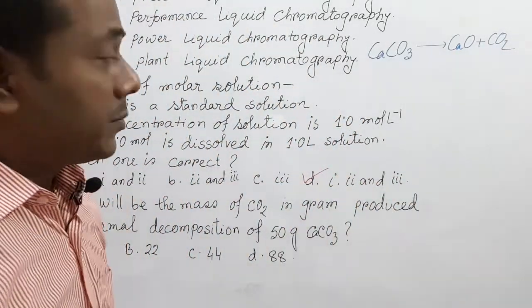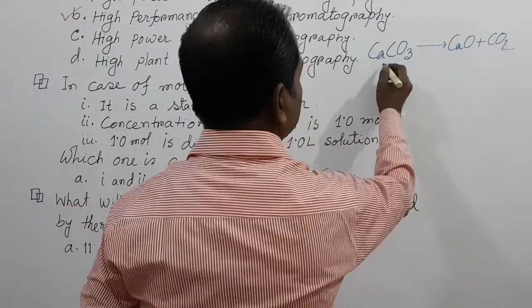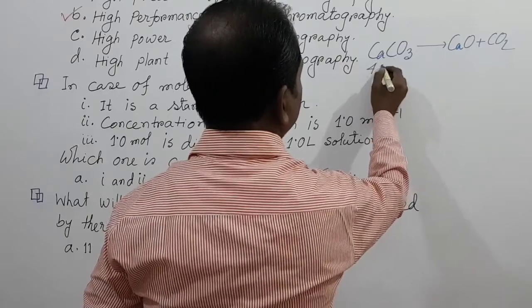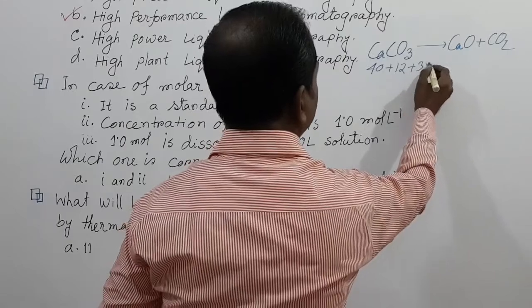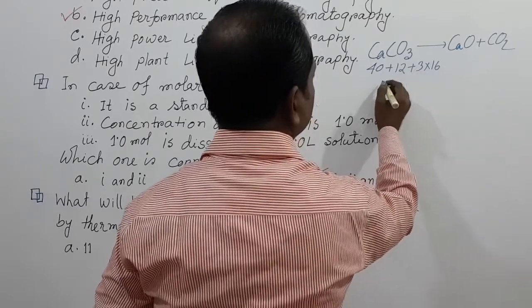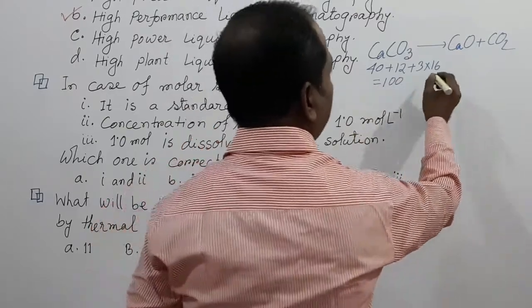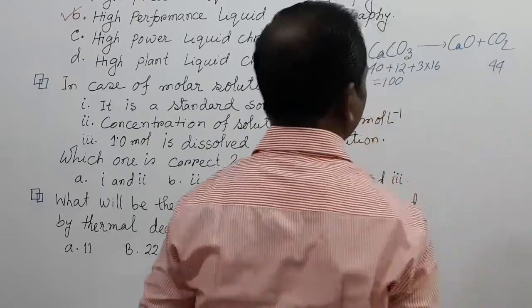The molecular mass of calcium carbonate is 40 plus 12 plus 3 into 16, that means 100. And the molecular mass of carbon dioxide is 44.